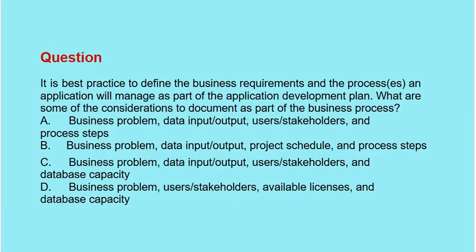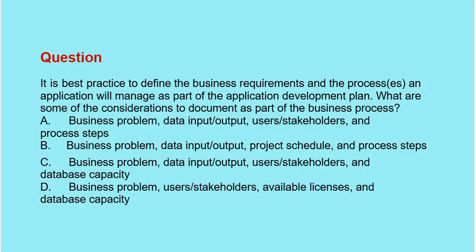Question is, it is best practice to define the business requirements and the processes an application will manage as part of the application development plan. What are some of the considerations to document as part of the business process? Option A. Business problem, data input output, users, stakeholders, and process steps.